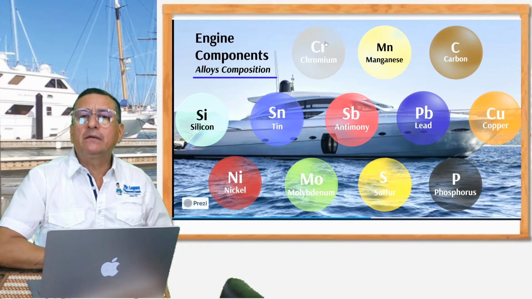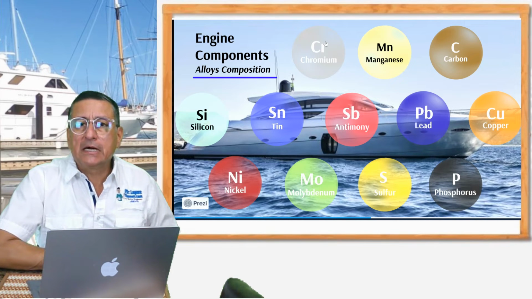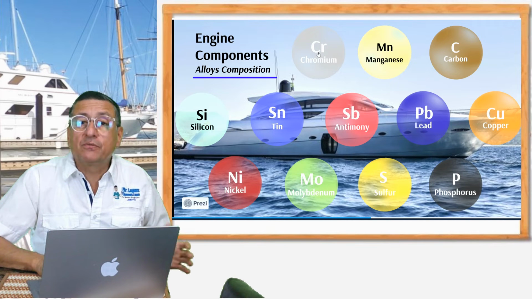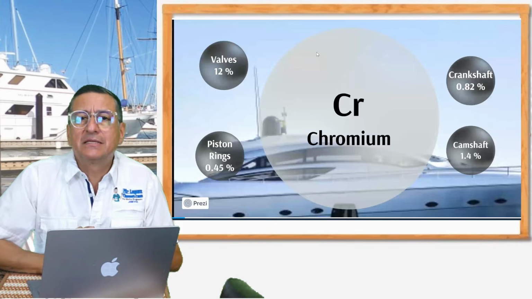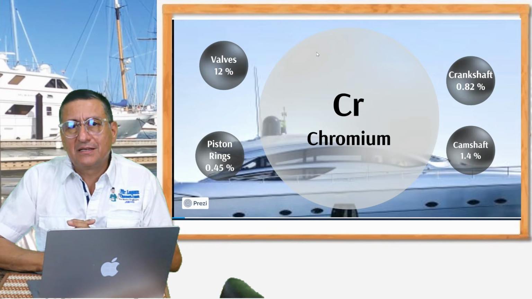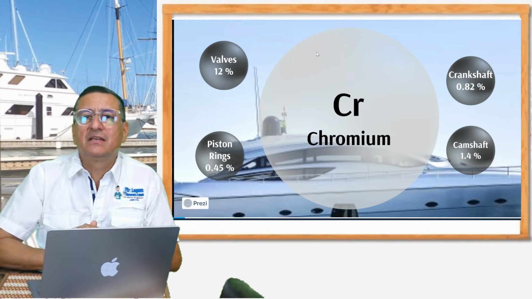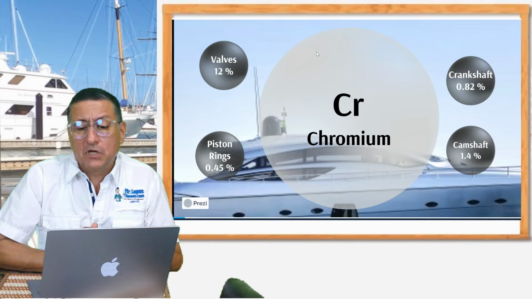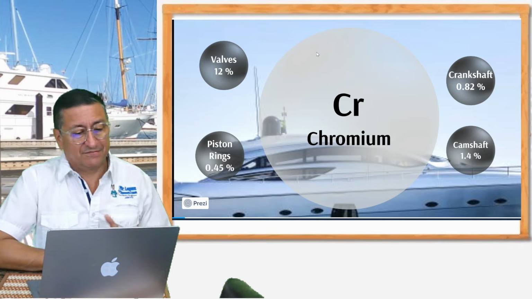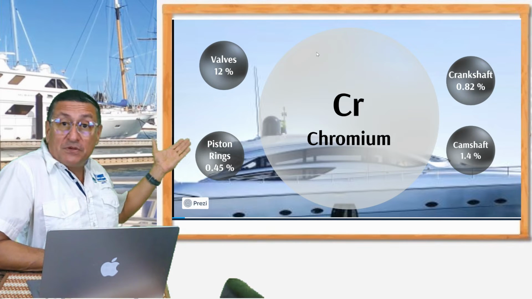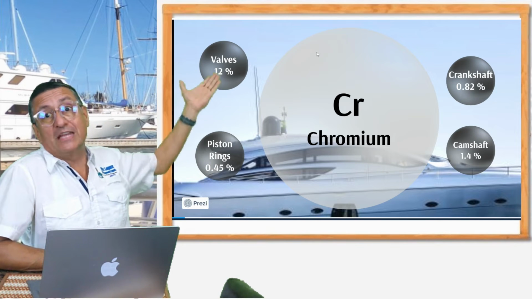Okay, number one, we are going to check, for example, chromium. In what components of the engine do you find chromium? In the crankshaft, in the camshaft, in the pistons, in the piston rings, and also in the valves.